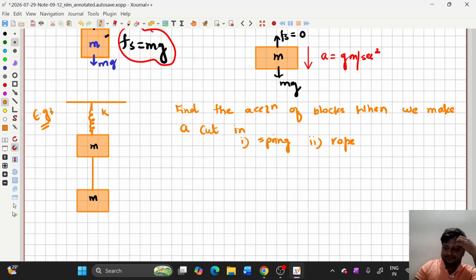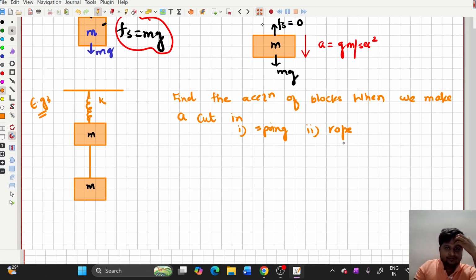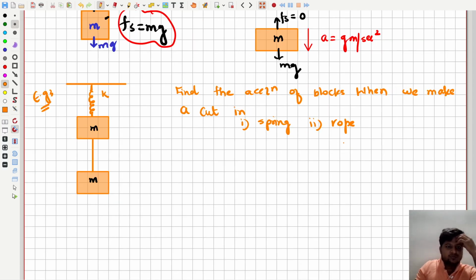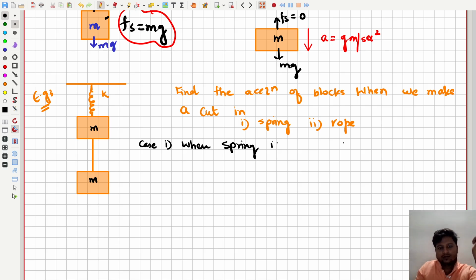Look carefully. So what is happening in this? The first part they say is what will happen if the spring is cut. So case 1, when the spring is cut. Okay, let me write first of all the FBDs.